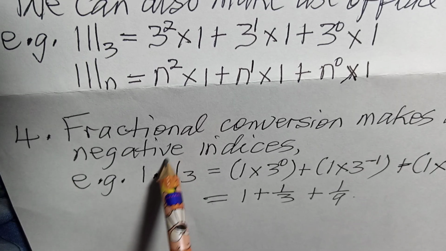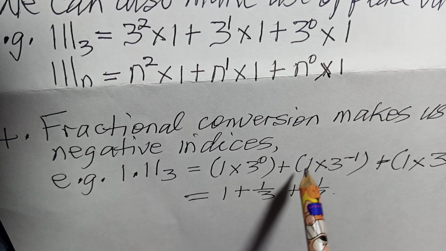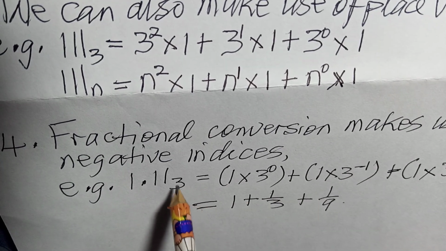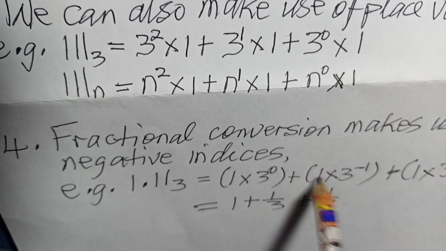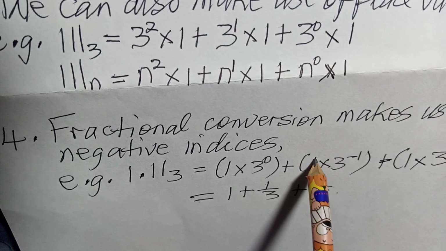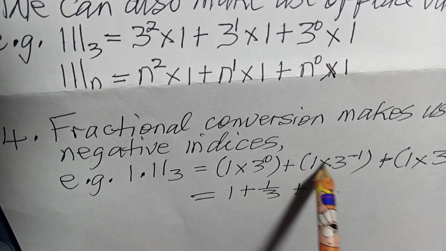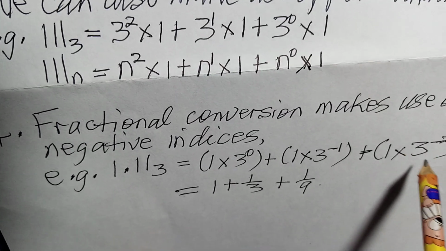Now we start with the fractional part of the number. So we now start base 3. Remember, it doesn't matter where you put the 3, but for you, write it first. Take the base, write the base.